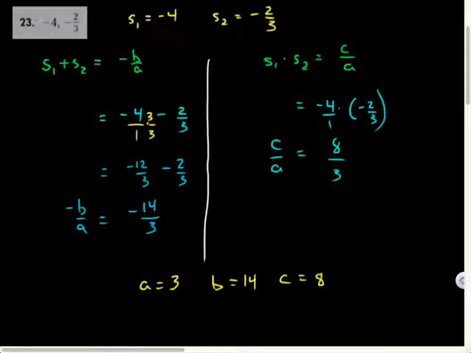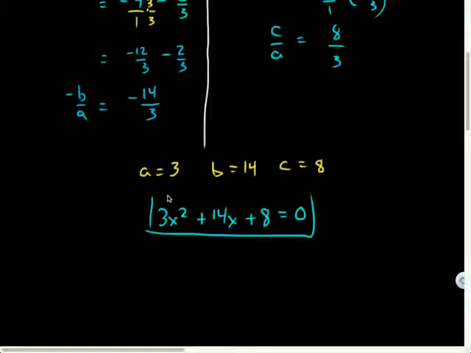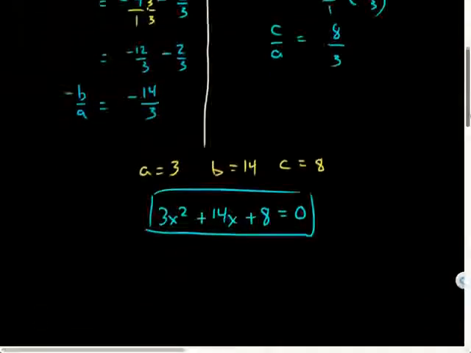So one of the infinitely many possible quadratic equations that have those two solutions would be 3x squared plus 14x plus 8 equals 0. That is your most basic version of it. Any multiple of this, if you multiply both sides by 7/2, will give you another quadratic equation that has the same solutions. Okay, so there's problem 23, not too shabby.